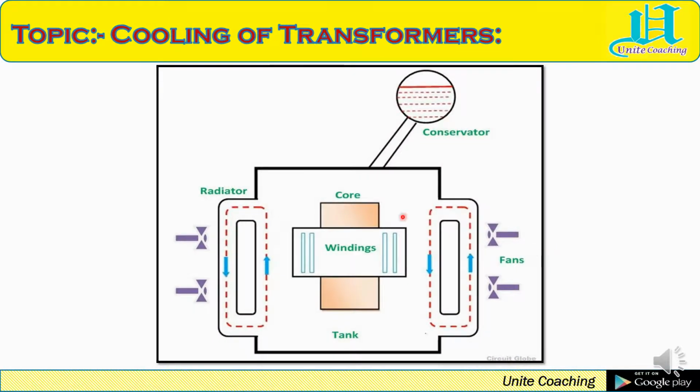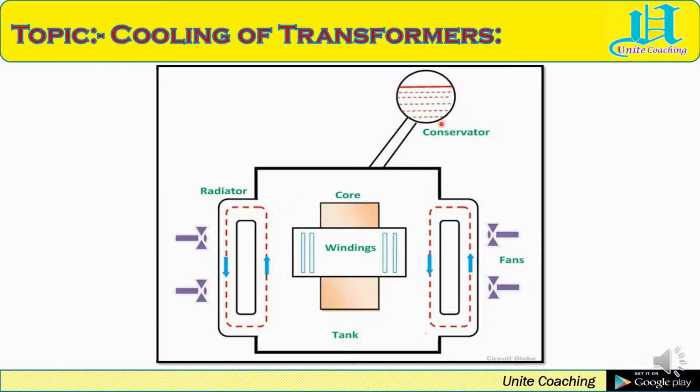As in this case, this is the transformer body. In between the transformer window, windings are placed, and here radiators are connected. At the radiator, fans forcefully throw air to maintain the cooling of the transformer.